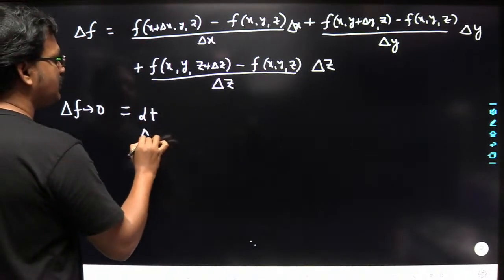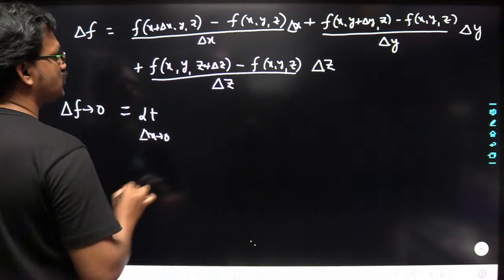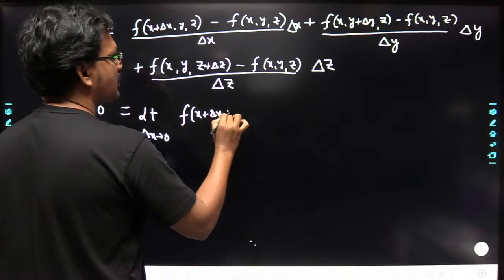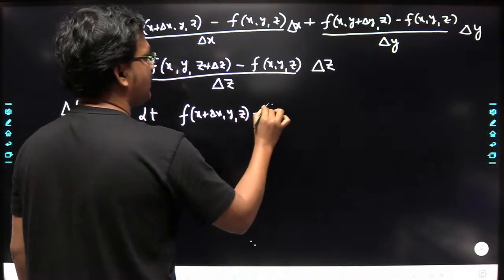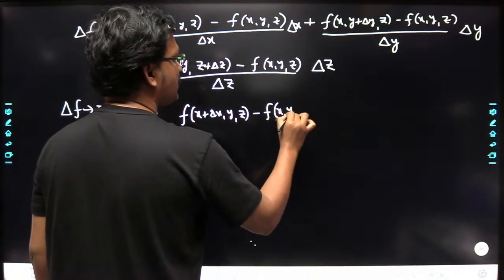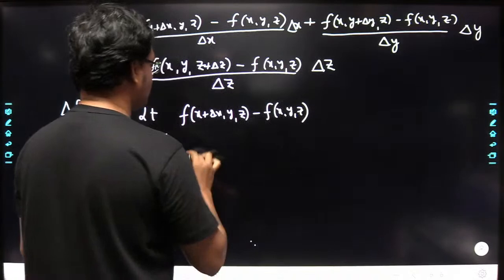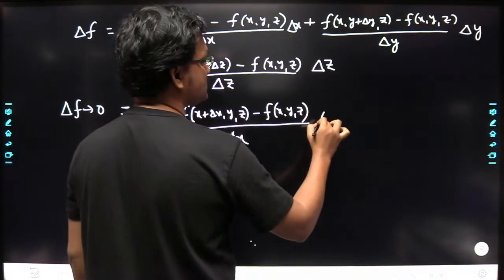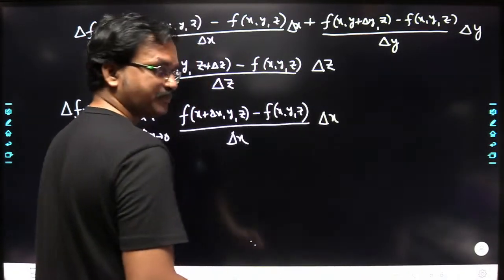So write that here. So limit delta x tends to 0, you are having f of x plus delta x comma y comma z minus f of x comma y comma z divided by delta x into delta x. Yes or no?